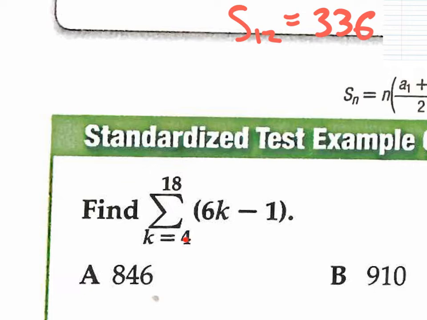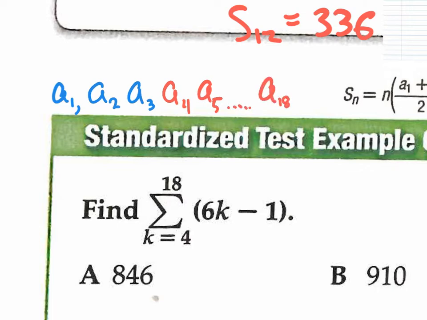If this were a 1, what would we have? When you plug in 1, you'd get your a sub 1 term. When you plug in 2, you'd get your a sub 2 term. When you plug in 3, you'd get your a sub 3 term. When you plug in 4, you'd get your a sub 4 term. When you plug in 5, you get your a sub 5 term. And of course, you would keep going till you get to your a sub 18 term, which would be a total of 18 terms on your list, right?